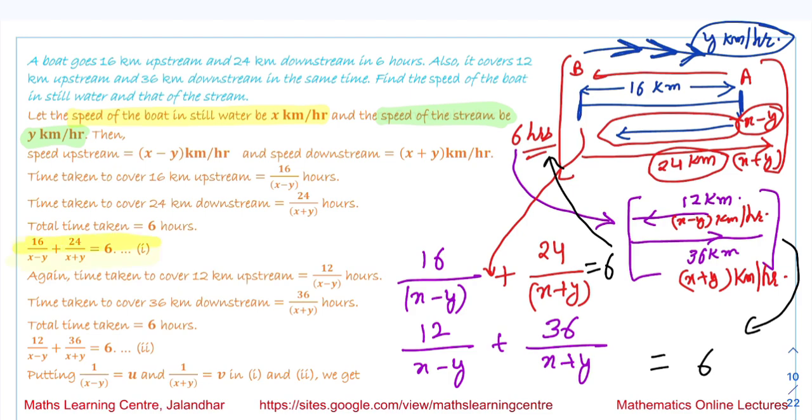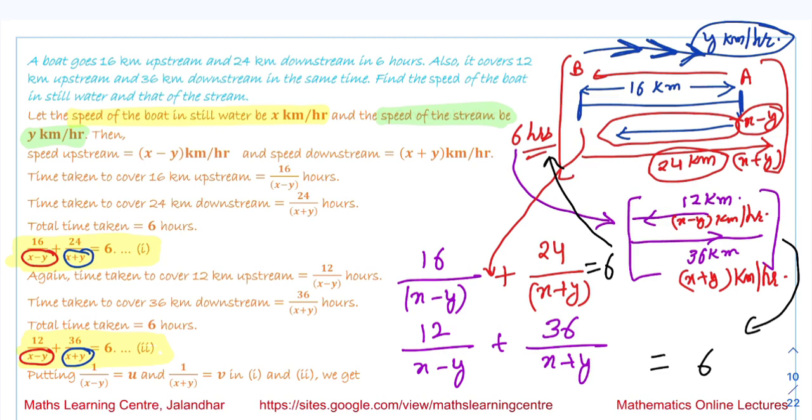One is 16 over x minus y plus 24 over x plus y is 6. Second is 12 over x minus y plus 36 over x plus y is 6. This is x minus y in the denominator. Then we have x plus y in the denominator.